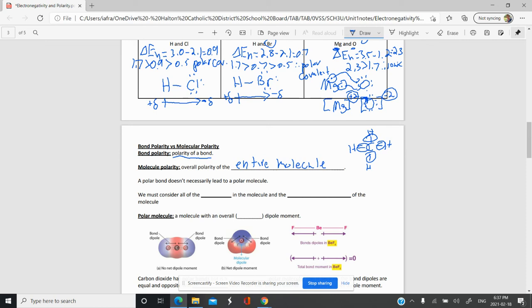And so, again, just because you have a polar bond, it doesn't mean that you're going to have a polar molecule. You actually have to consider quite a few different aspects of the molecule. You need to consider the bonds in the molecule, so all the bonds that are there. And you also need to consider the shape or geometry of the molecule.